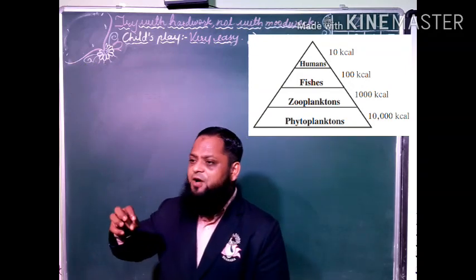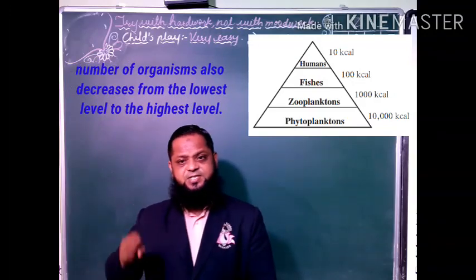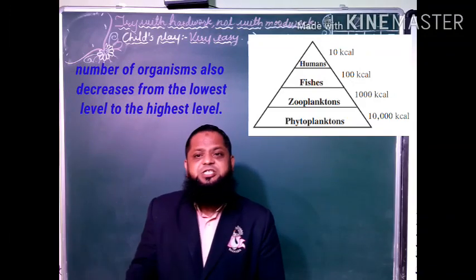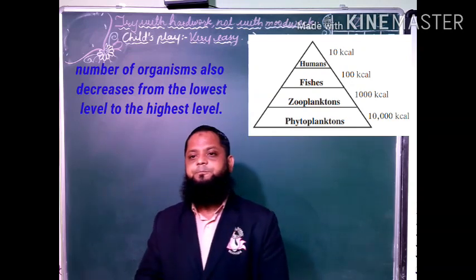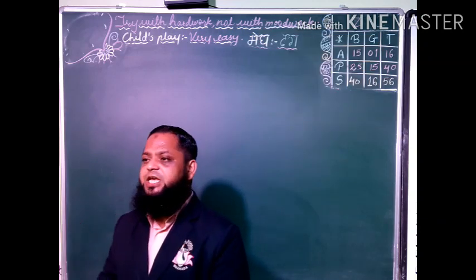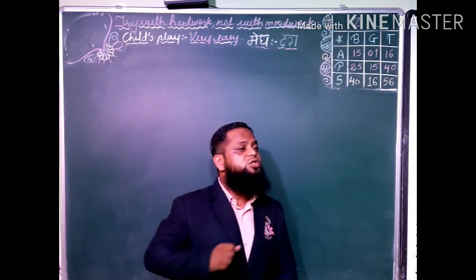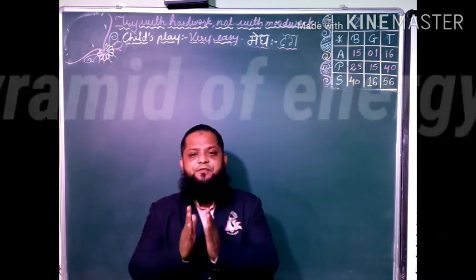Similarly, the number of organisms also decreases from the lowest level to the highest level. This pattern of energy exchange in an ecosystem is called a pyramid of energy.